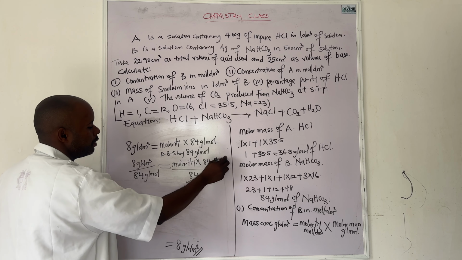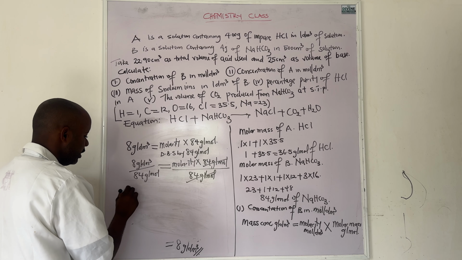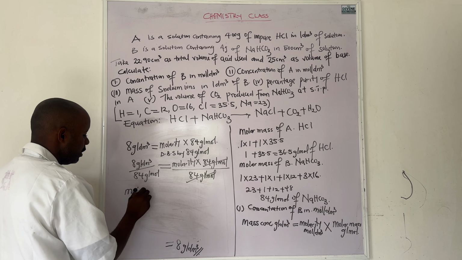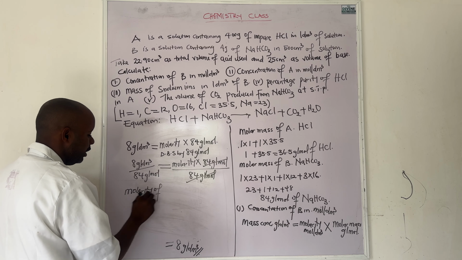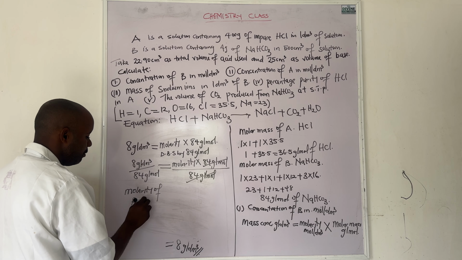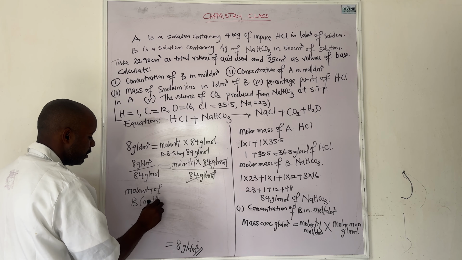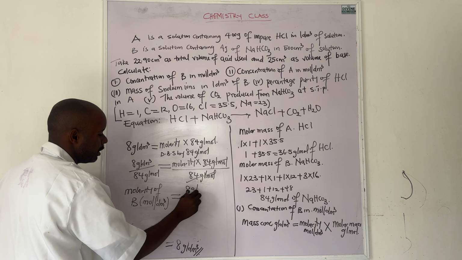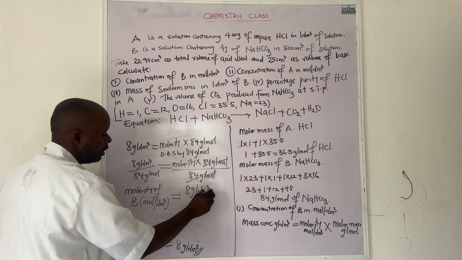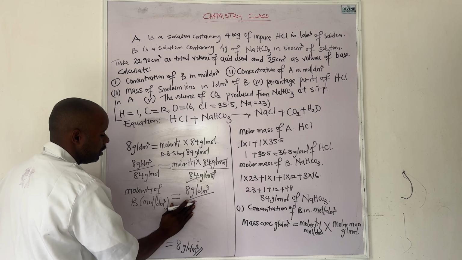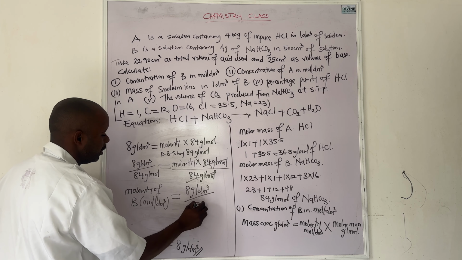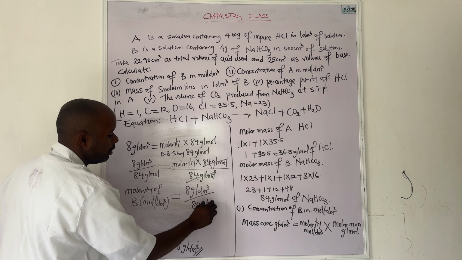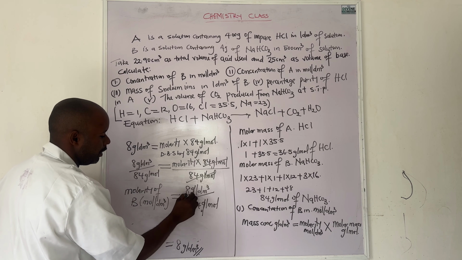So here cancel this. So molarity of B in mole per dm cube is equal to 8 gram per dm cube all over 84 gram per mole. So gram cancels gram.